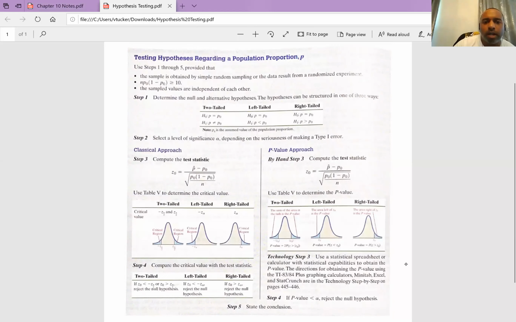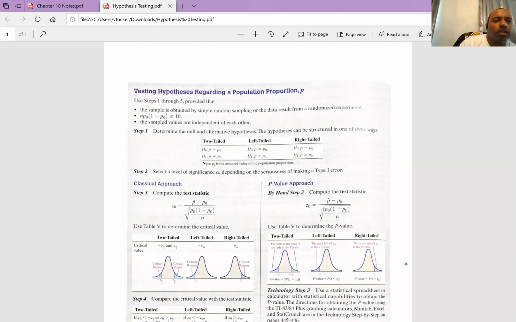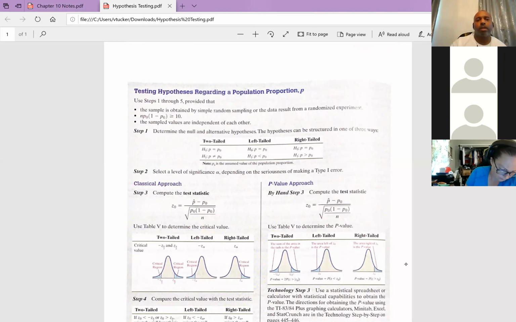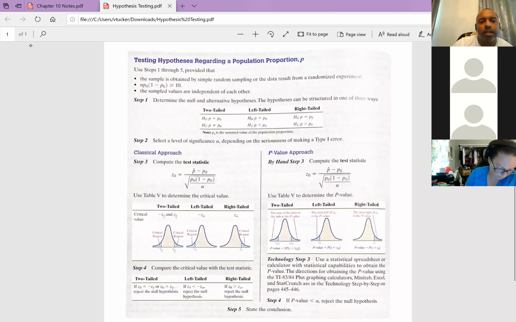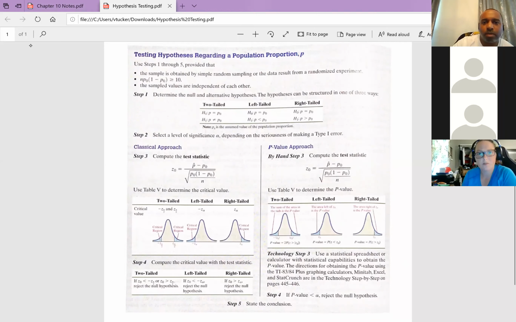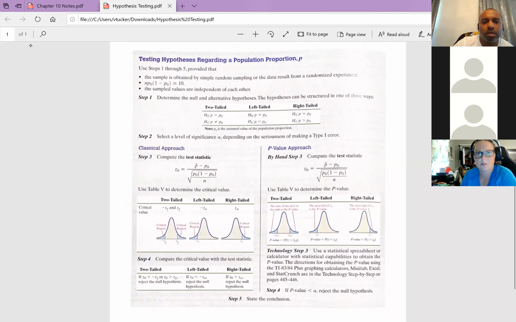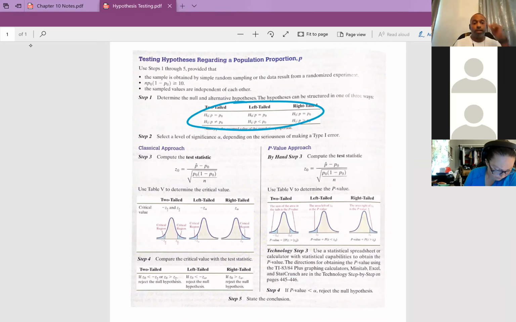All right, so I will send you a copy of this. It's your hypothesis testing, steps 1 through 5. So we've actually talked about step 1, which is right here, setting up our hypothesis testing, our alternative and our null hypothesis.